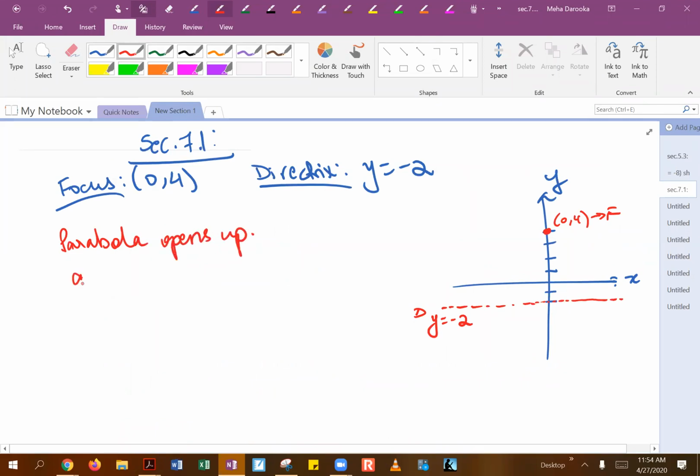So this means our A value is going to be positive. And if A value is going to be positive, then that distance between the focus and the vertex, or the vertex and the directrix, is also going to be positive. That's your P variable.